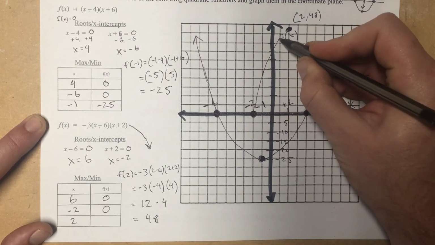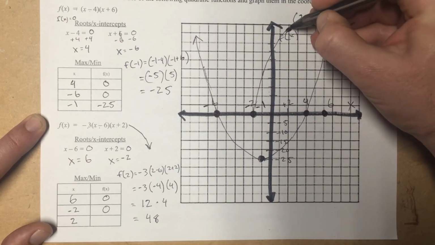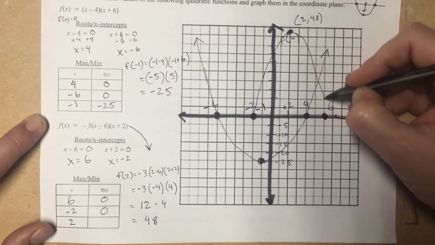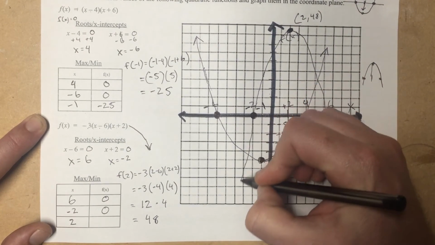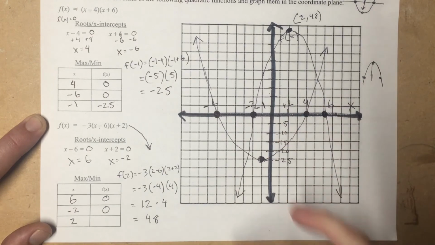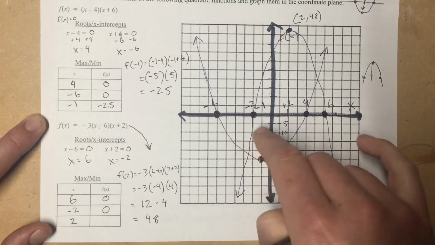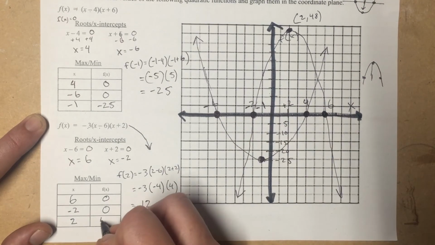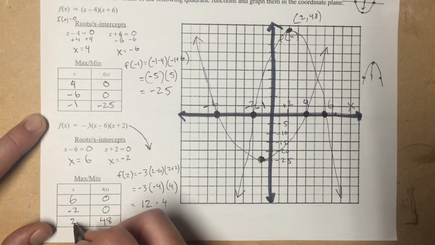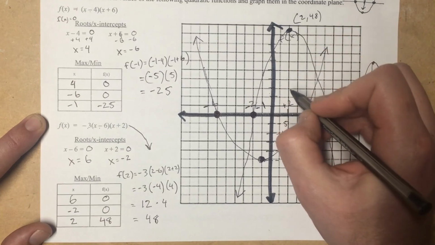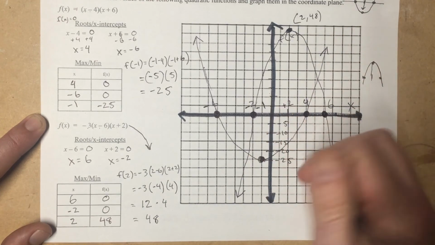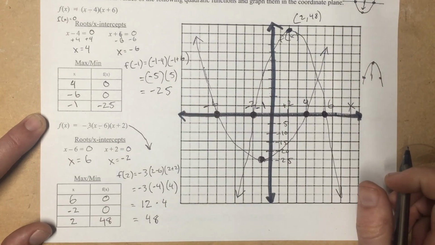Remember, this is mostly just a sketch. And this is going to come down here. And this extends on forever. So until we found that third critical value of 48, we did not know how high this point was. So we couldn't make our parabola until we got our third critical value.